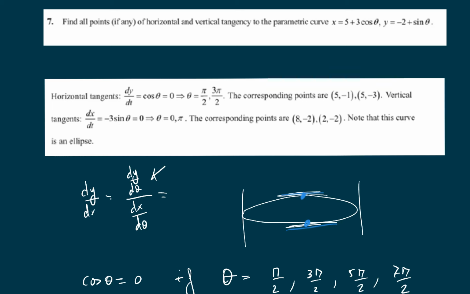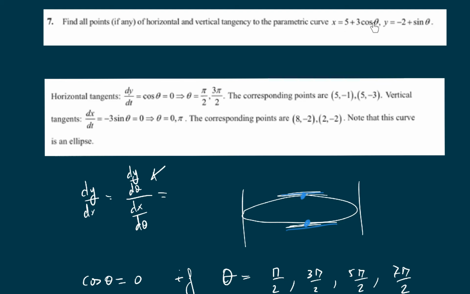And the vertical slope occurs when the derivative of x with respect to t is 0. Because x of t is this equation, the derivative of x with respect to t will be minus 3 times sine of t. It will be 0 when sine of theta equals 0, and this will occur with theta equals 0, pi, etc. So when it's 0, what is the x?